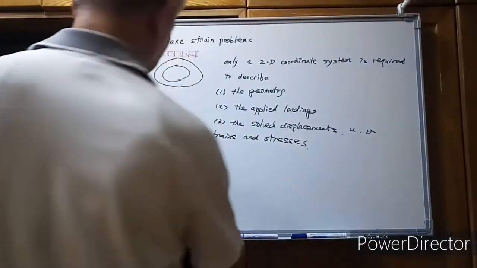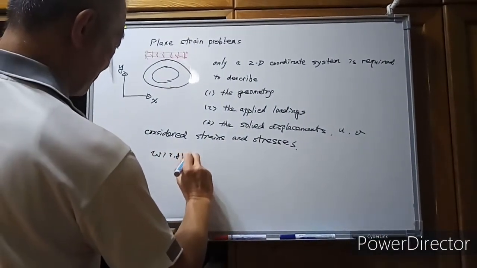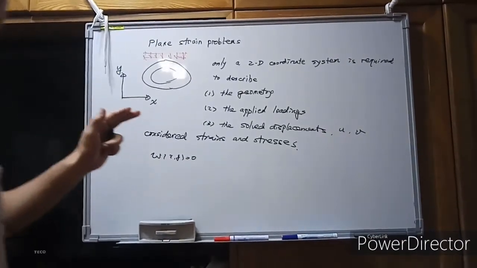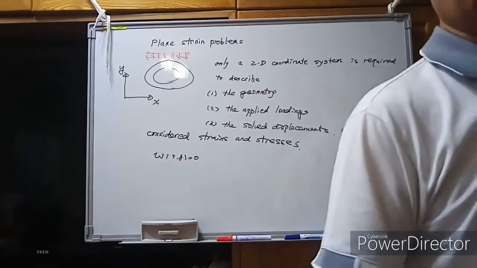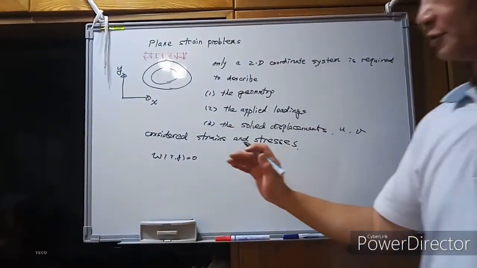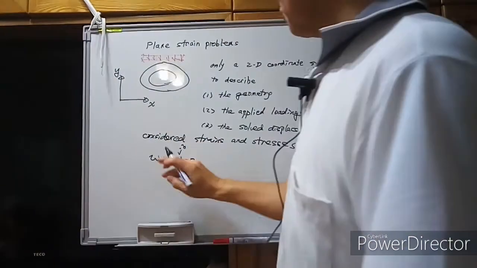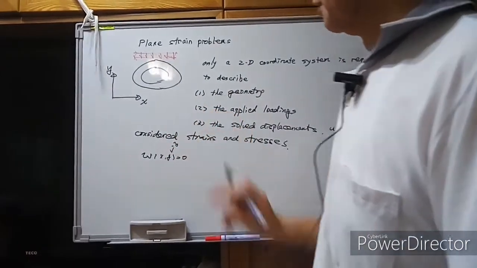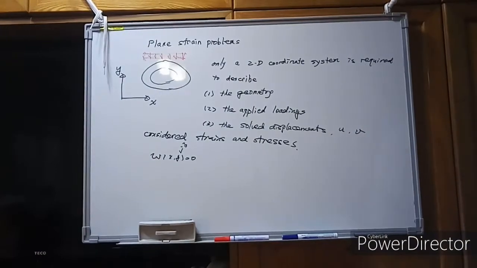First, w is always equal to zero, no matter which cut cross section, and no matter which point you need to consider. Also, you can add the z direction. So it means that for any point in these structures, w is always equal to zero.